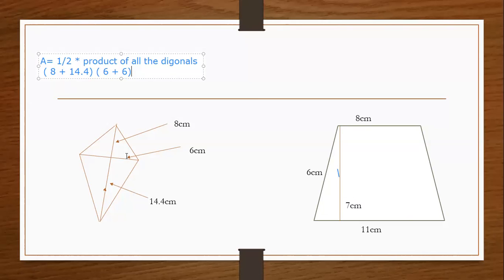Okay, so with the first one, the longer line will be 8 plus 14.4. That will give us 22.4. Then 6 plus 6 will give us 12.